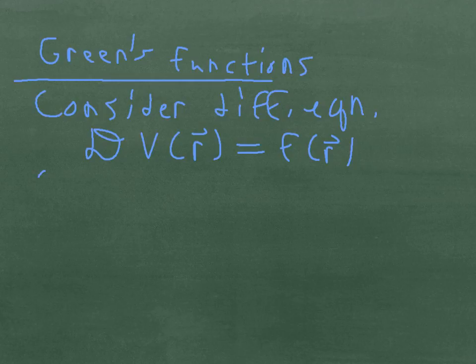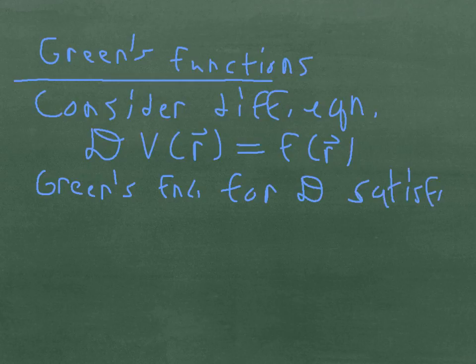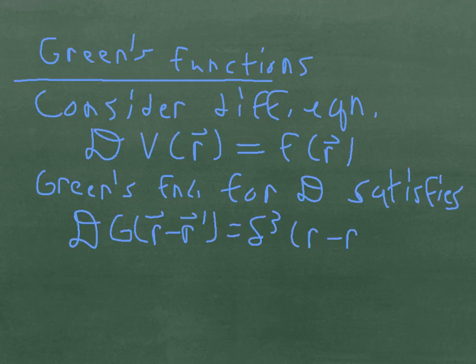Anyways, so the Green's function for D satisfies D acting on our Green's function G of r minus r prime is equal to delta cubed of r minus r prime, where delta cubed is the three-dimensional Dirac delta function.